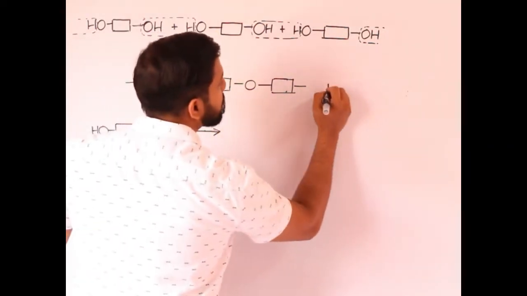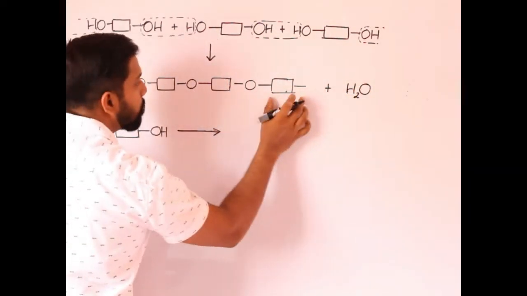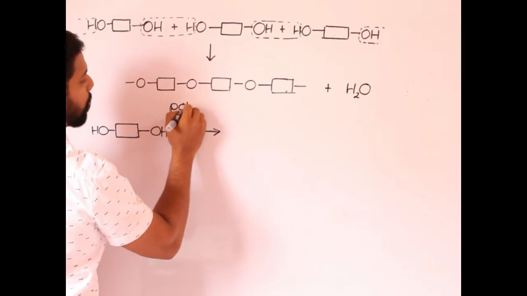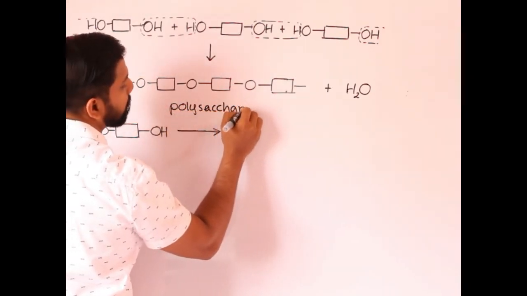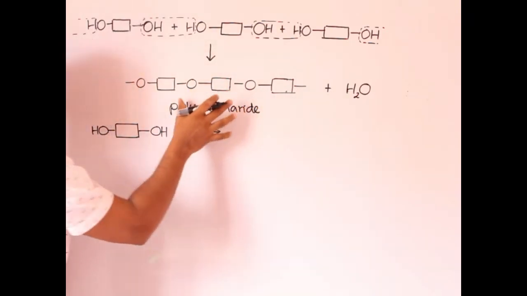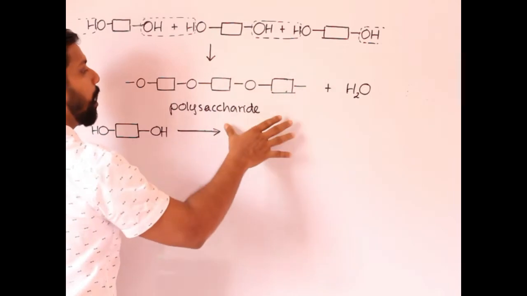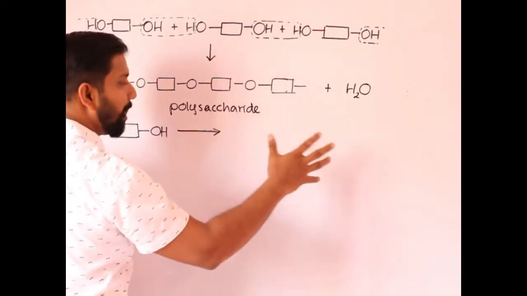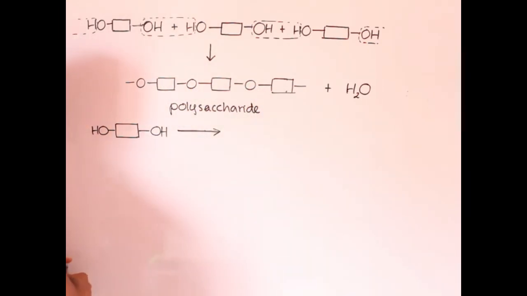So water is going to be another product here. Here we have the polymer. So this is called a polysaccharide. This is the fundamental structure of starch, glycogen, and cellulose. There are differences, but the basic structure is this.